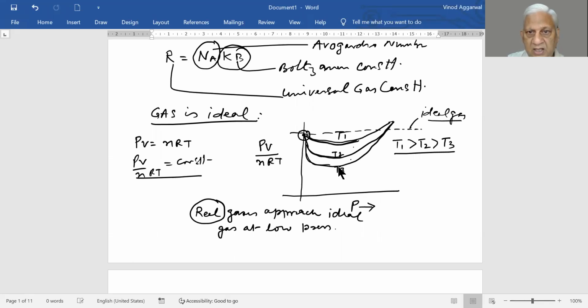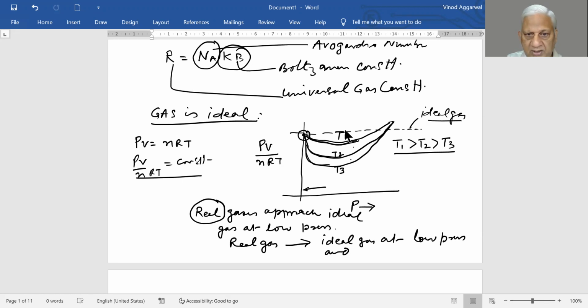The real gases at high temperature tend to behave like ideal gas. So we can conclude that real gases tend to become ideal gas as we decrease pressure, at low pressure, and like here, if we increase our temperature, again it tries to come closer to ideal gas at high temperature.